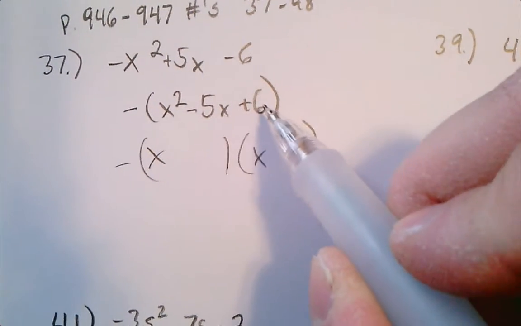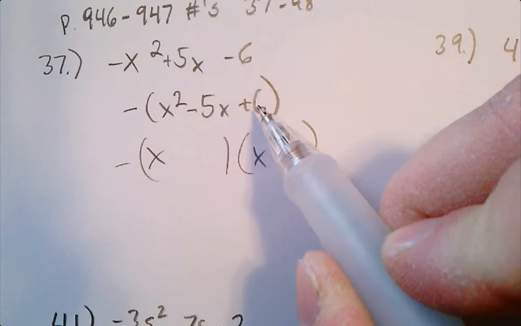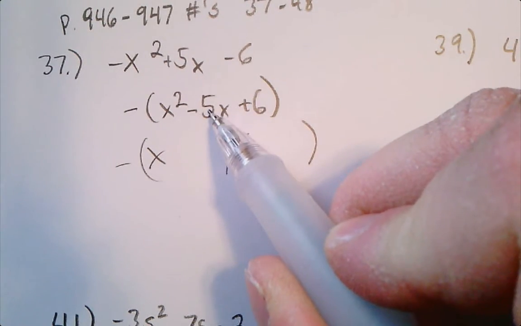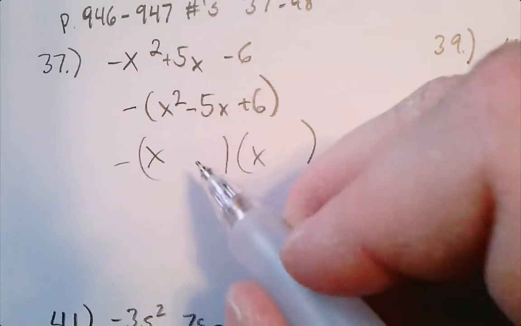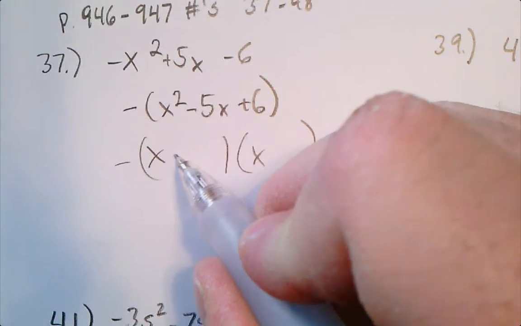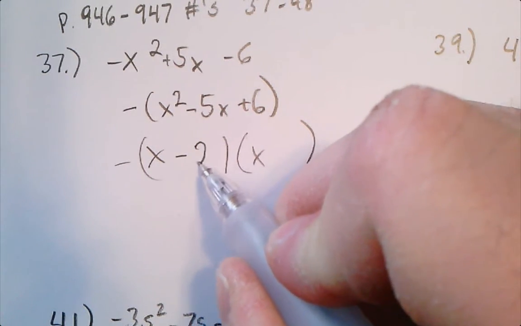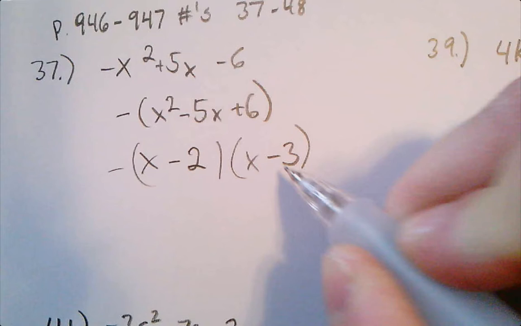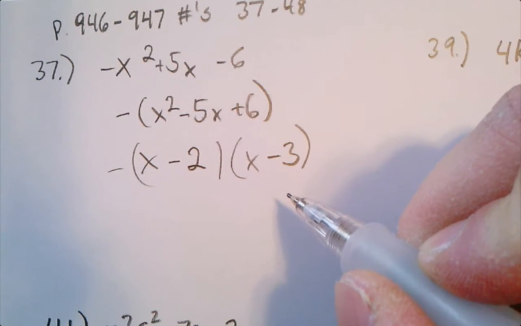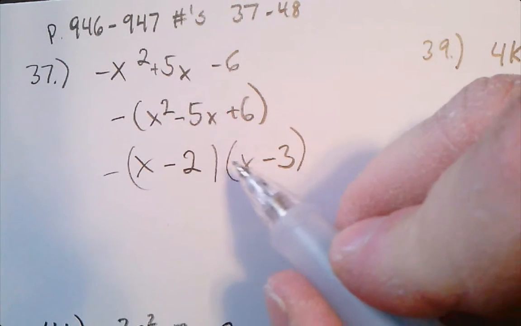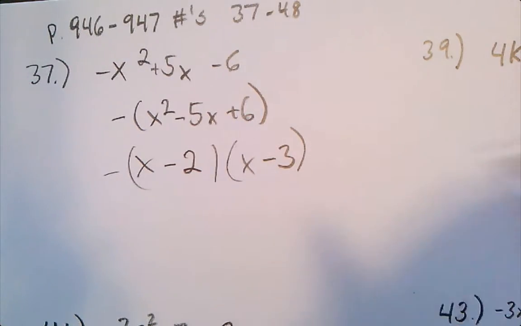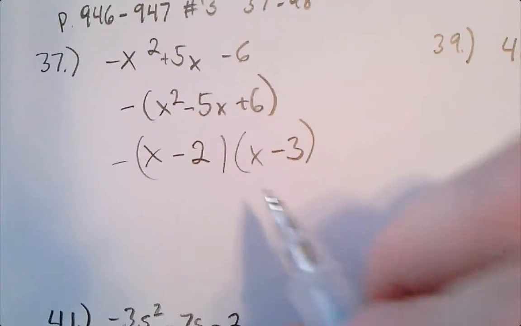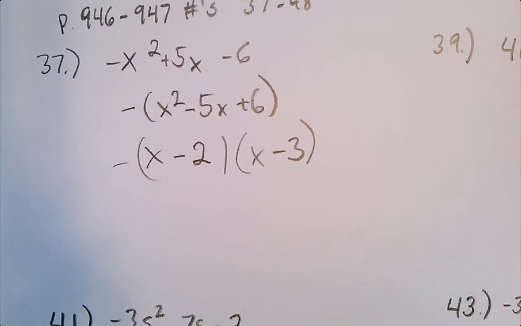And we're still going to think, all right, what are the factors of positive 6 that add up to negative 5? Well, that's going to be minus 2 and minus 3. That should be the first one, x minus 2, x minus 3 with the negative on the outside. And again, it doesn't matter which binomial goes first there.